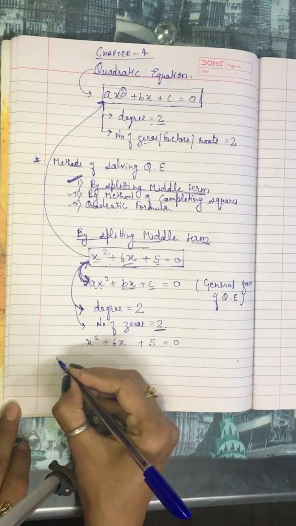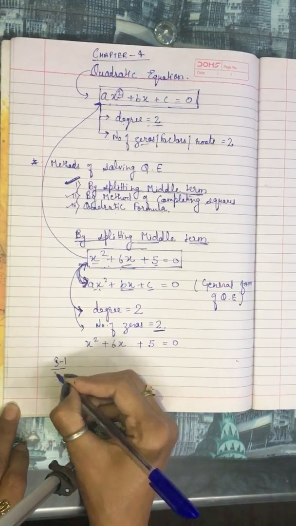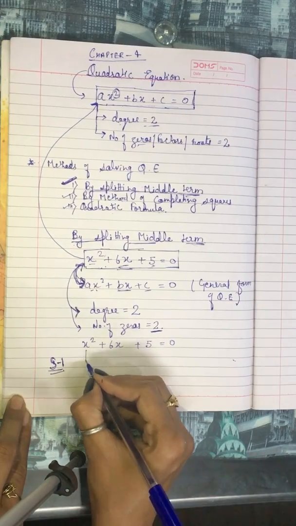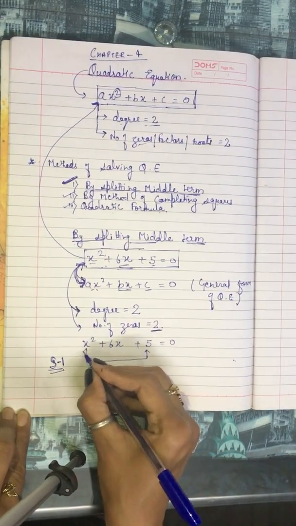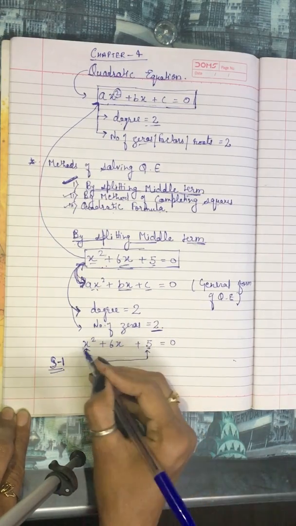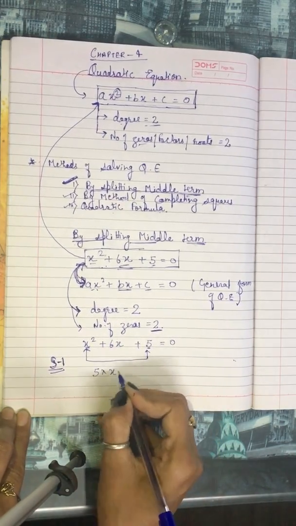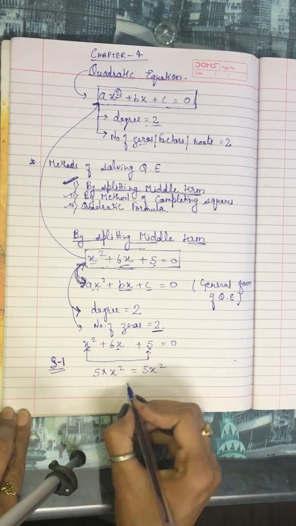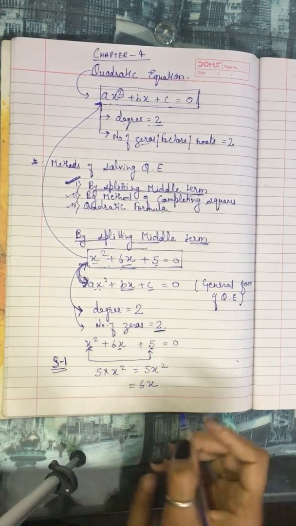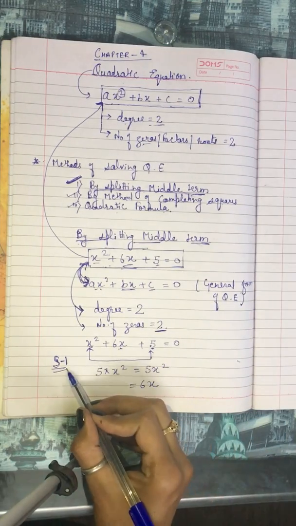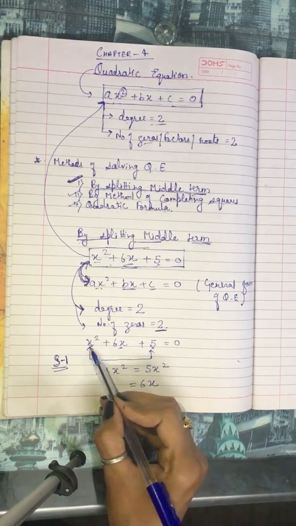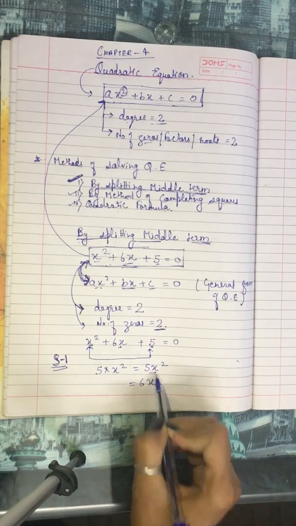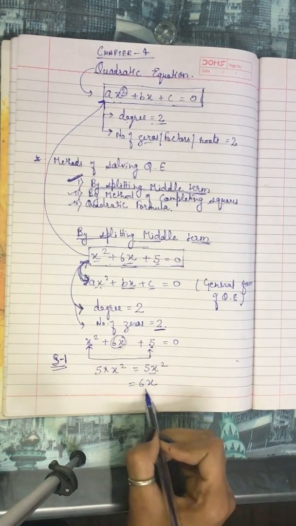Step number 1: multiply the first and the last term, that is 5 into x², which becomes 5x², and put the middle term as it is, 6x. Step number 1 is clear.